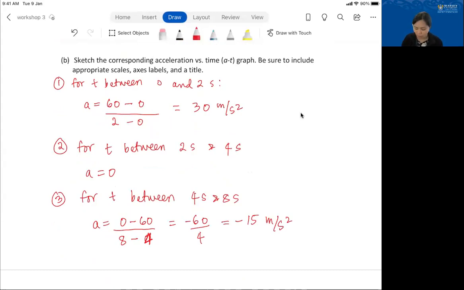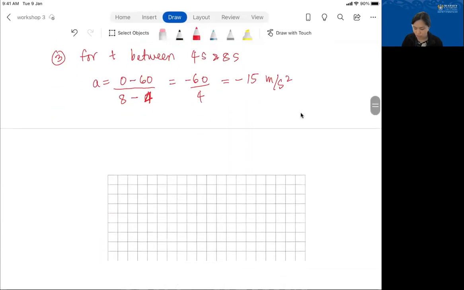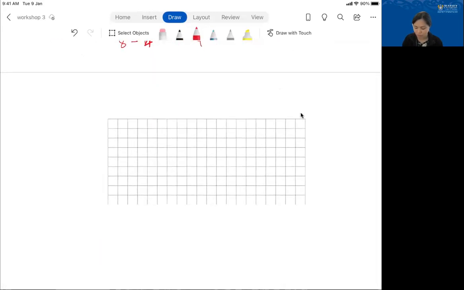Right, so you now have the accelerations for each section of the graph, so you can graph them. You can put the title, acceleration versus time graph. The y-axis is acceleration, and include the units, meters per second squared. The x-axis is time in seconds.